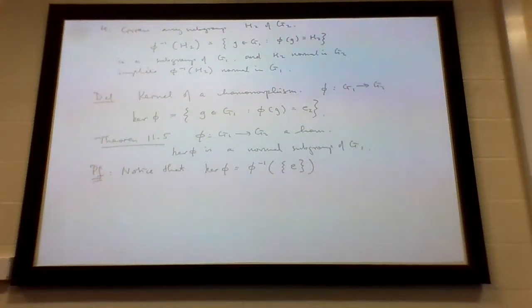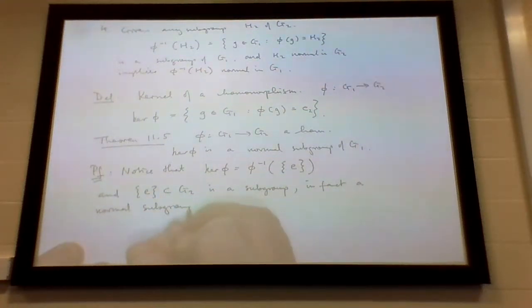It is a subgroup, a trivial subgroup. But more than that, in fact, it's a normal subgroup. That's always true. The trivial subgroup is always normal in whatever group it is.